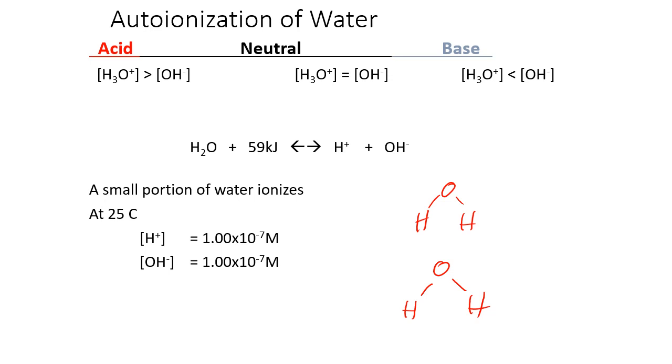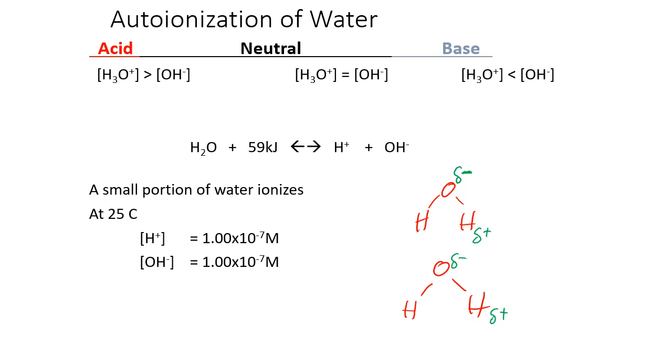Now, I mentioned this before, the oxygen is polar negative. This symbol right here just means the charge or the polarity of it, and this is going to be negative. And this side right here is going to be positive. And again, this side right here is negative, and this side right here is positive.